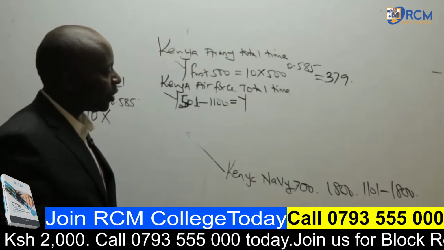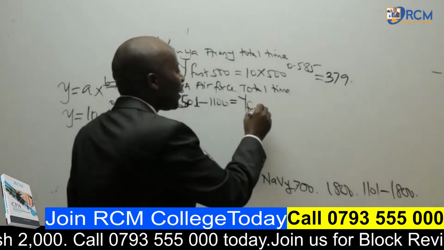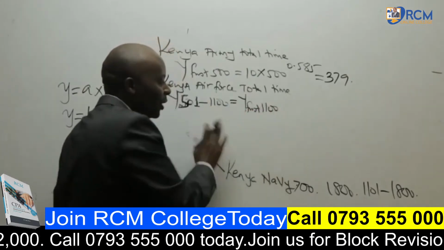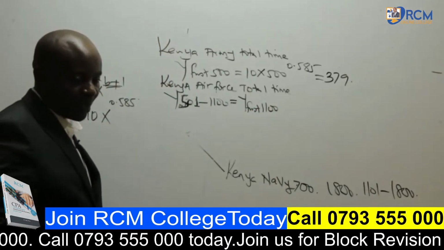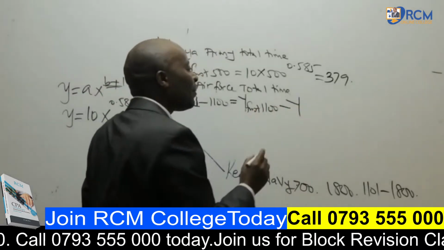Thank you very much. I will say Y first upper limit. The upper limit will be 1100. Of course, that one I don't change at all. Minus the total time of the first.